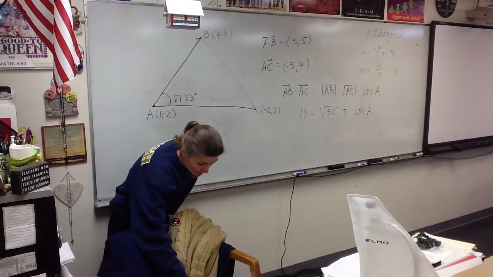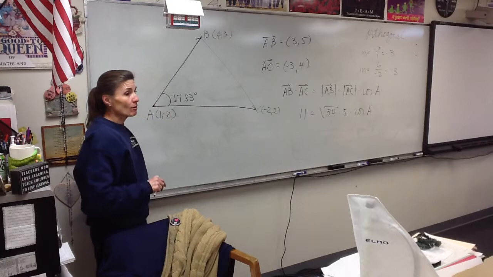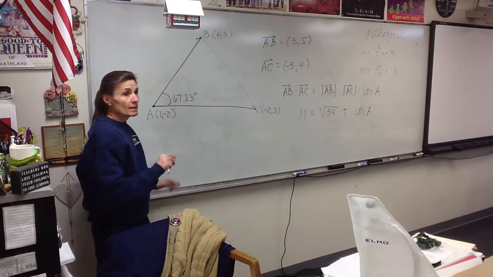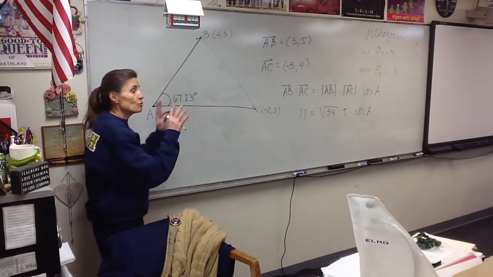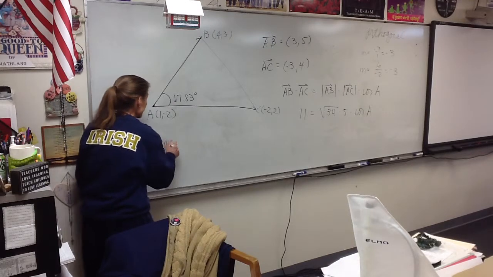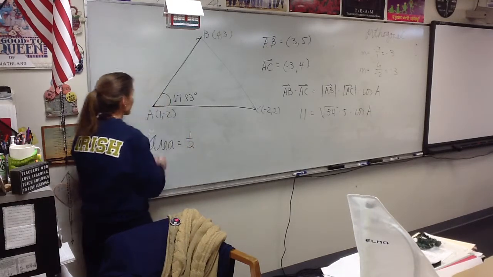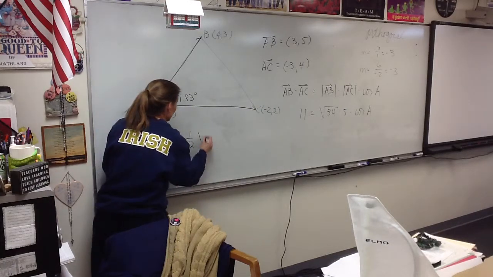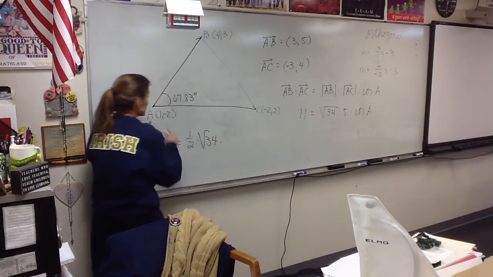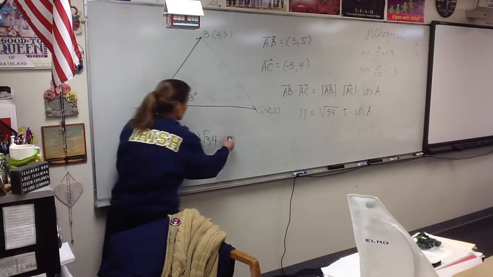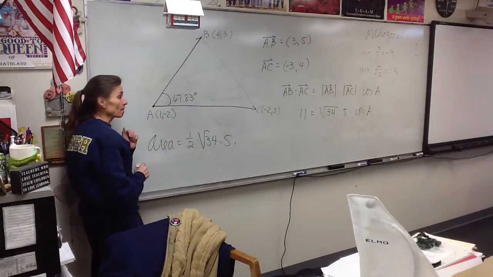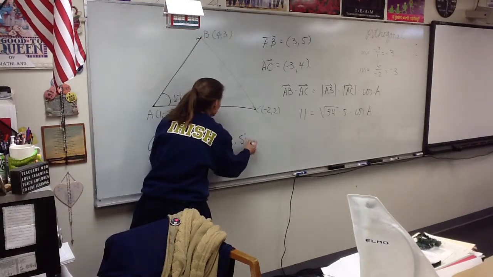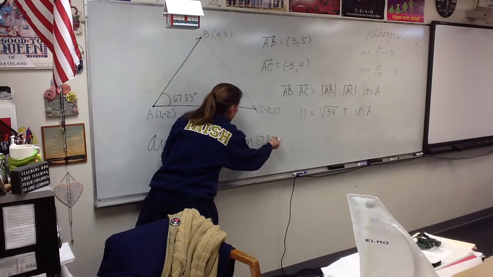Look at the next question. Find the area of the triangle. Kids, you're done. You've got it. The area of the triangle will be 1/2 this side, which you already told me is root 34, times this side, which you told me is 5, times the sine of the angle between them.